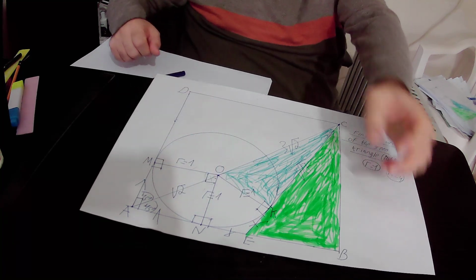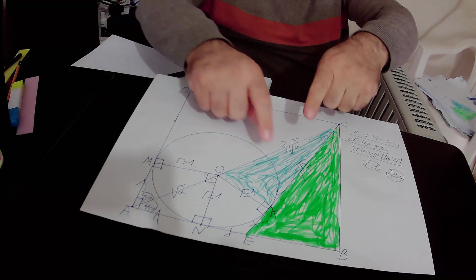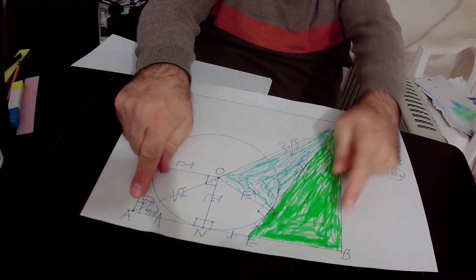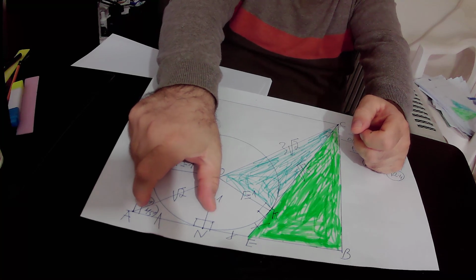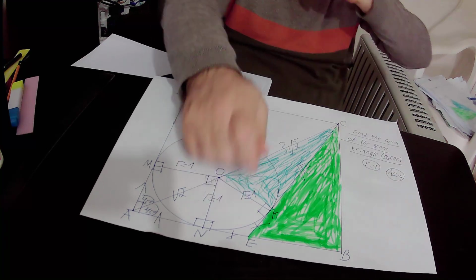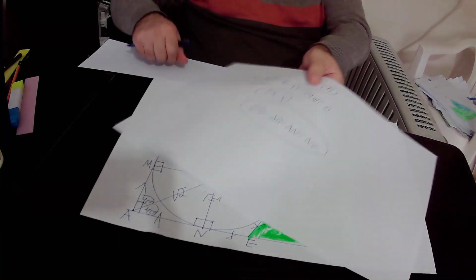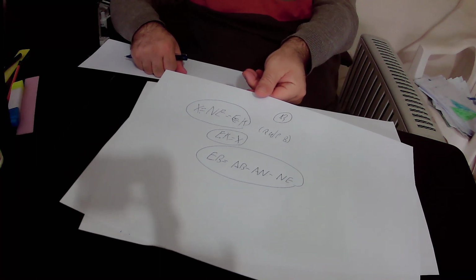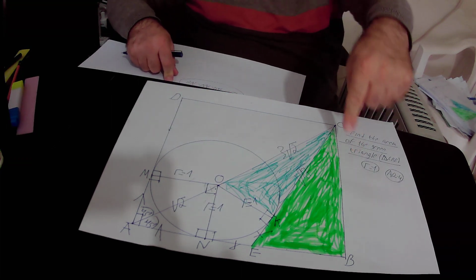It is very simple to see from the drawing. If you subtract from AB line segment AN and also line segment NE, you will get EB.